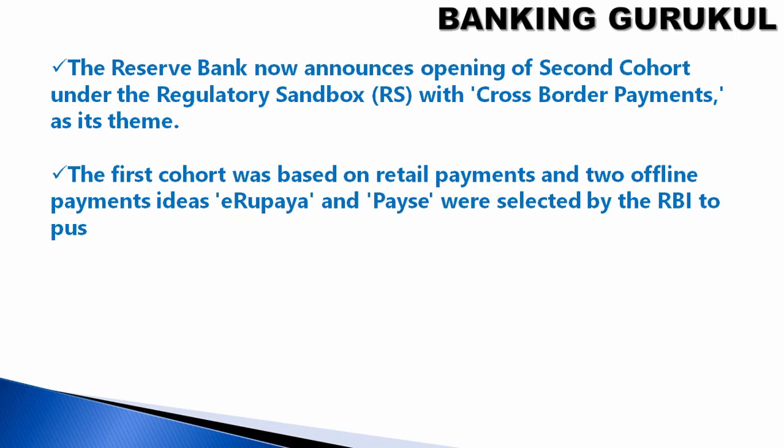The first cohort was based on retail payments, and two offline payment ideas, e-Rupaya and Paisa, were selected by the RBI to push. So we have two cohorts. One will be used for retail payments in India, another one for cross-border payments.